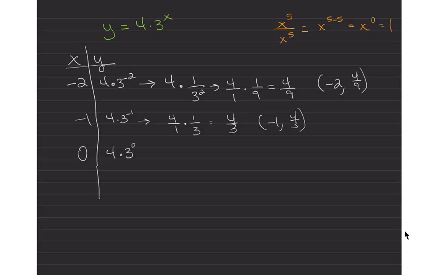Yep. So anything raised to the 0 power is always going to be 1, because they would have been over each other. So if we go back to our problem, 4 times 3 to the 0 is 4 times 1, which is going to give us 4. So that would be the point 0, 4.